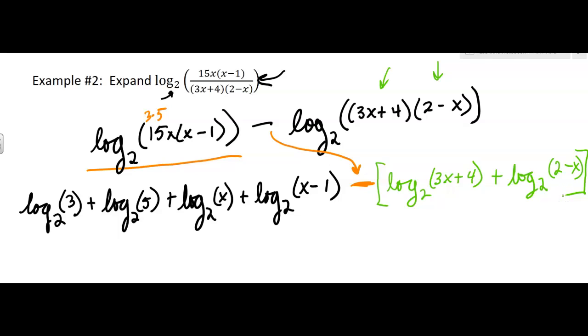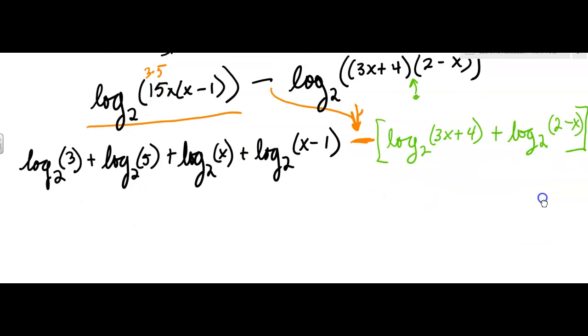Okay? So again, we have a product going on here, multiplication, and we're splitting that up, and it splits up with addition. But because of this subtraction sign that I have the arrow going to, we're going to have to distribute that. All right, so we're going to write a final answer.